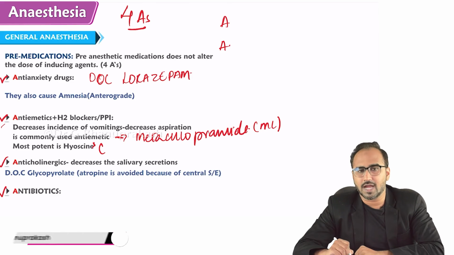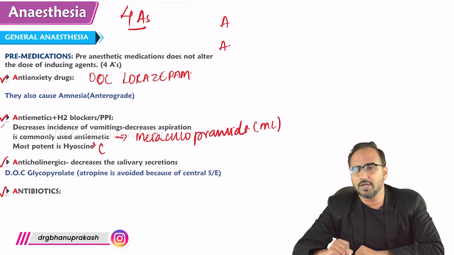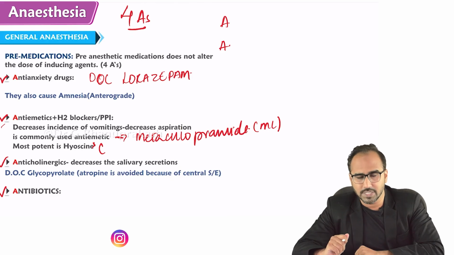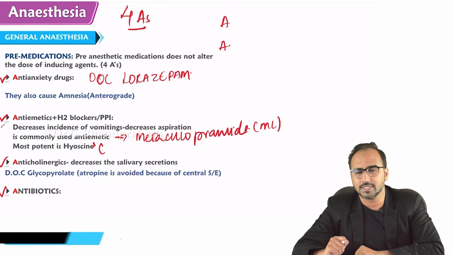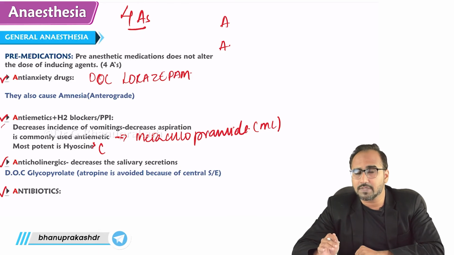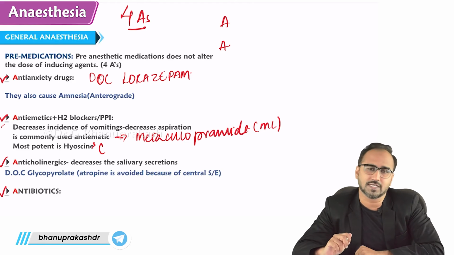The third is anticholinergic. Why do you give anticholinergic to a patient? It is given to decrease the formation of saliva. Sometimes the patient might aspirate salivary secretions.